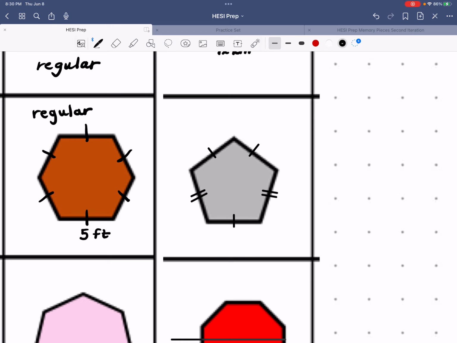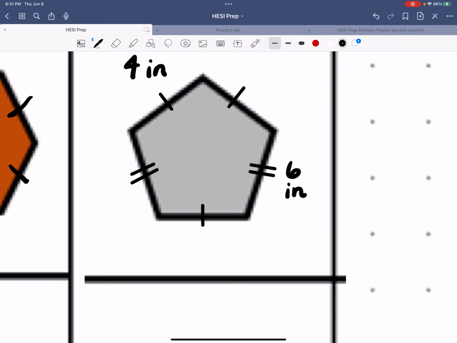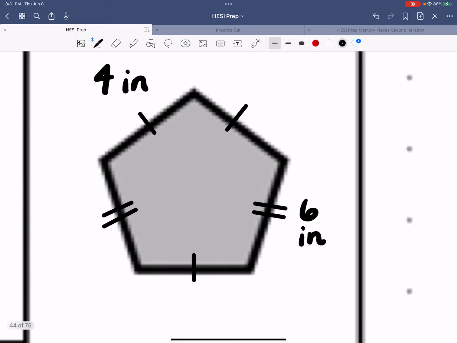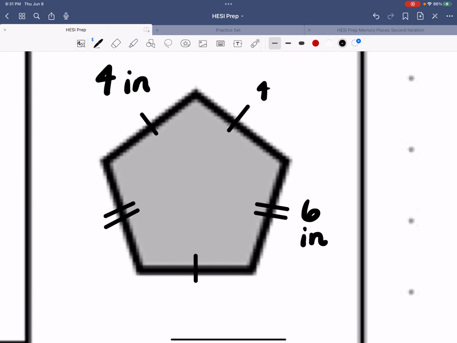So let's say that this is 4 inches and this is 6 inches. And maybe that's all they give me. But I know how to read those tick marks. All of the single ones would match. And then this one is going to be matching up with that other one.